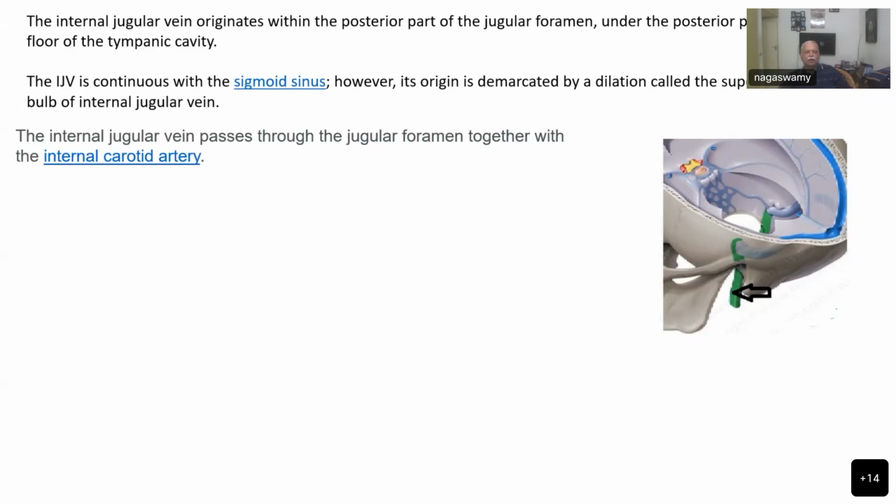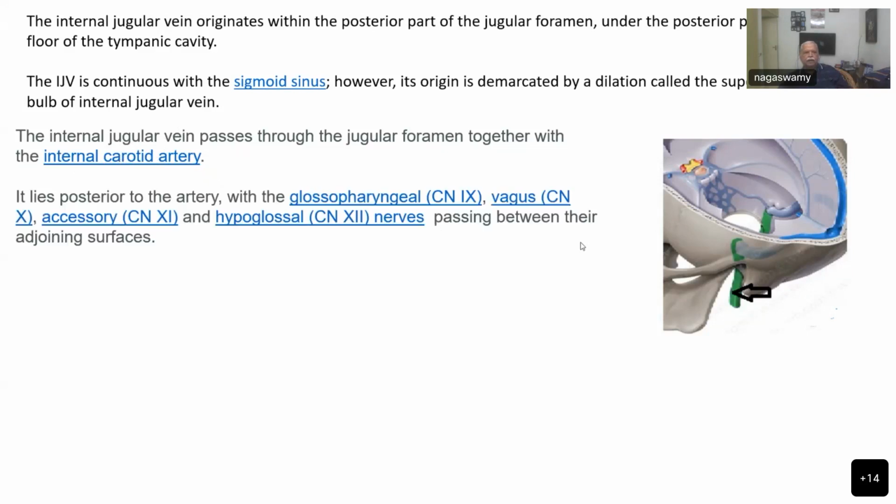So, the internal jugular vein passes through the jugular foramen with the internal carotid artery. At the origin level, the starting point at the base of the skull, it is only in relationship to the internal carotid, and it lies posterior to the artery.